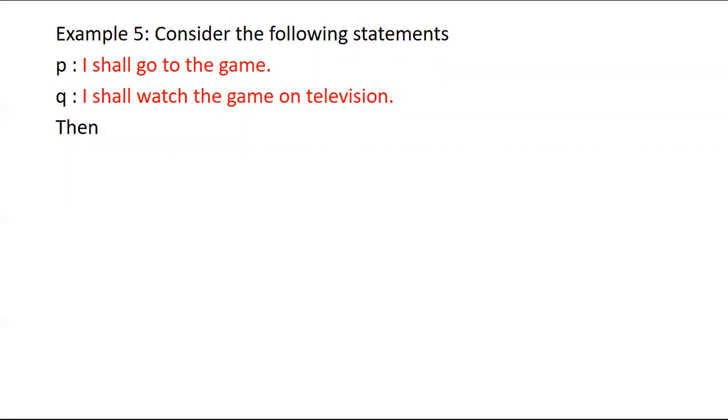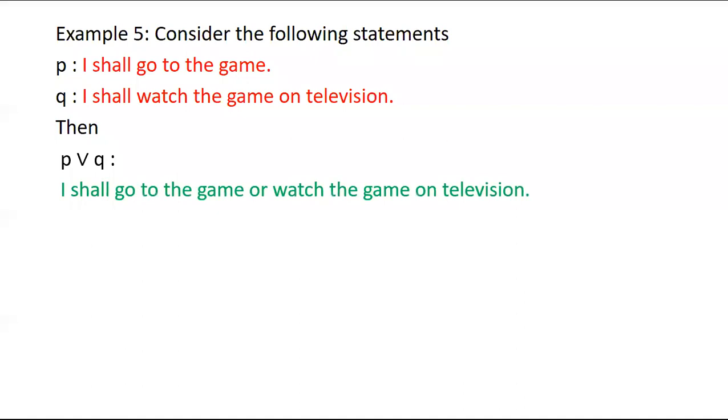I shall go to the game or watch the game on television. So P or Q is: I shall go to the game or watch the game on television. Here we put or here.